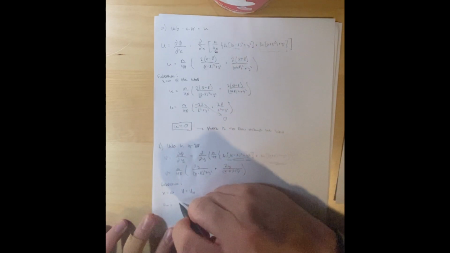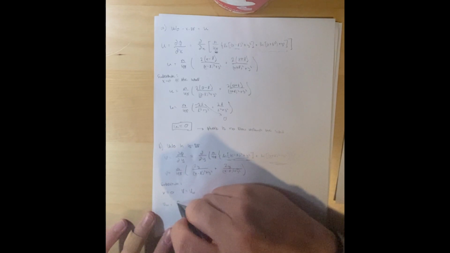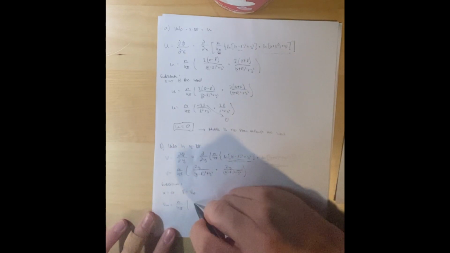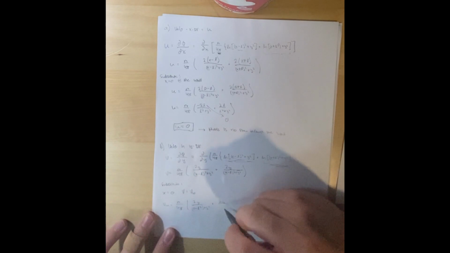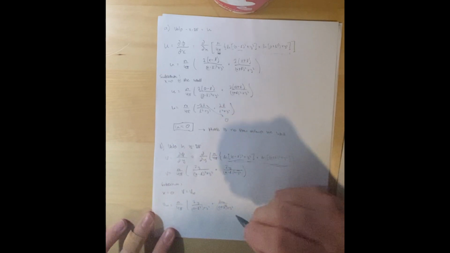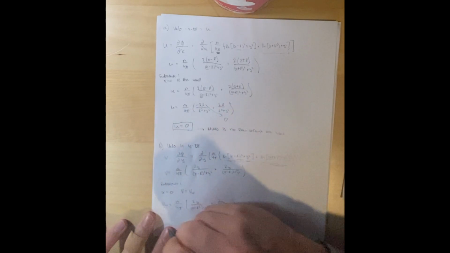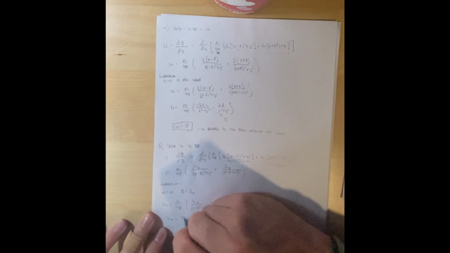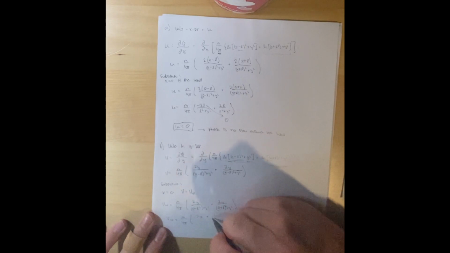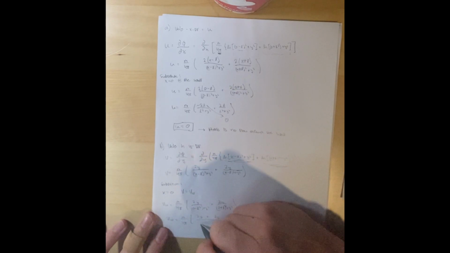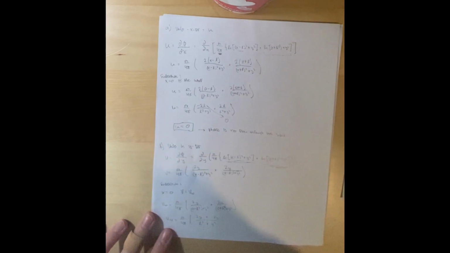We get VW, velocity distribution at the wall, is equal to m over 4 pi times 2y over 0 minus L squared plus y squared plus 2y over 0 plus L squared plus y squared. When you do this, it cancels out. VW is equal to m over 4 pi of 2y plus 2y over L squared plus y squared.